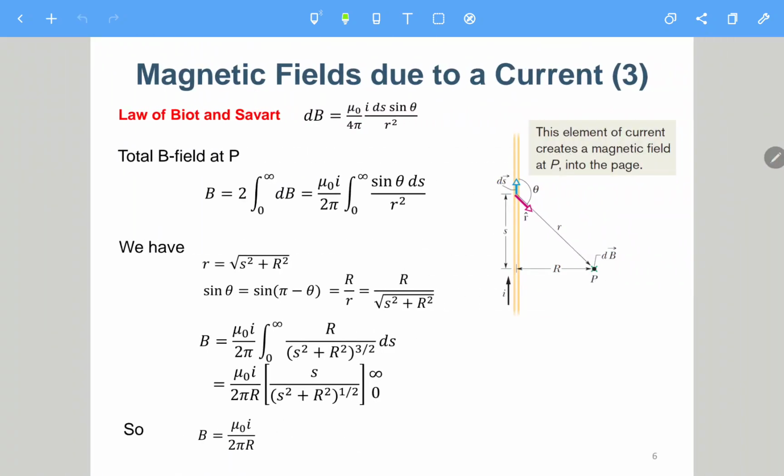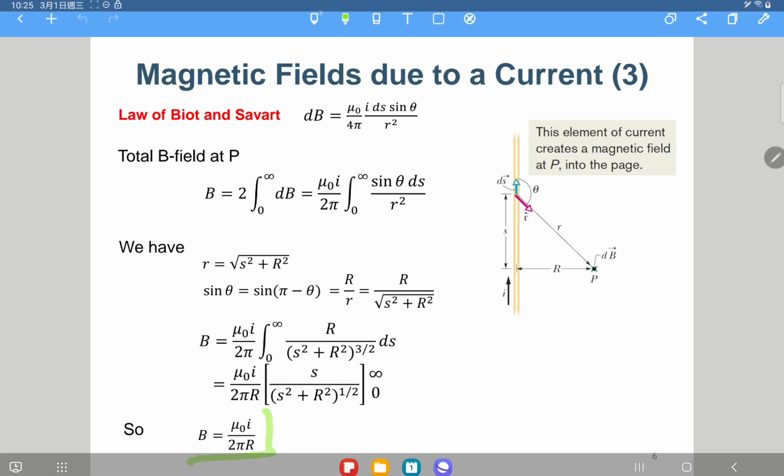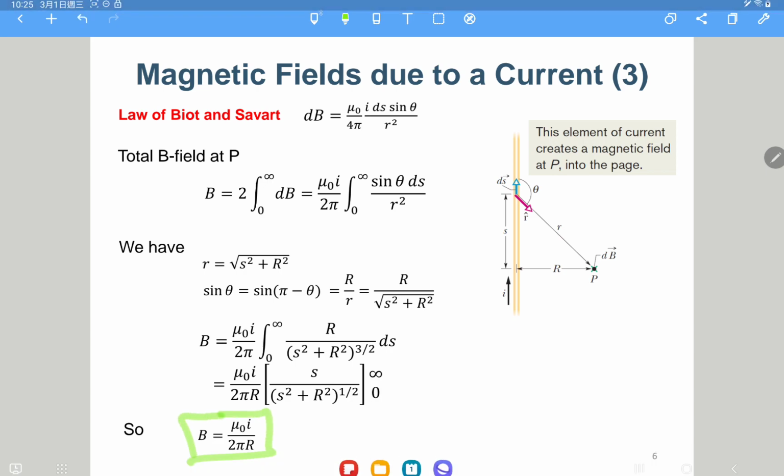Okay, so let's see how we can derive this one using the Biot-Savart law.